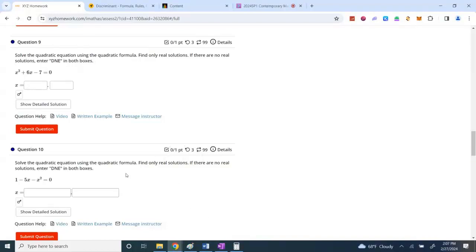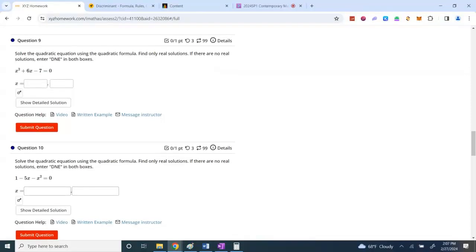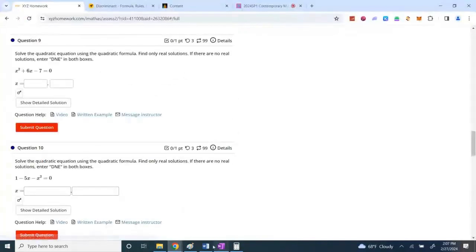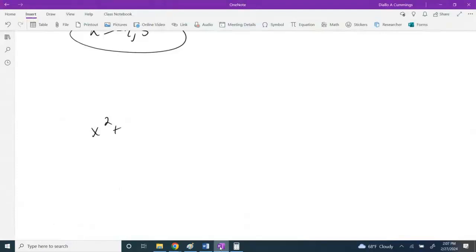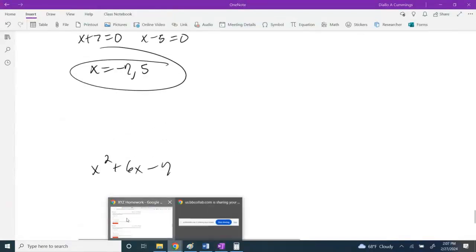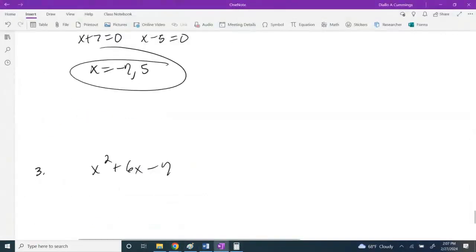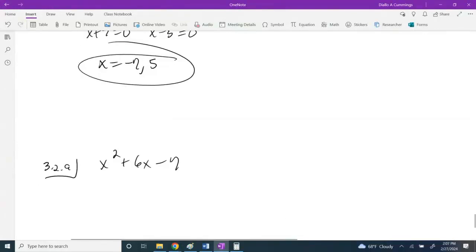But for whatever reason, it wants us to use a quadratic formula. x squared plus 6x minus 7. And this is number 9.